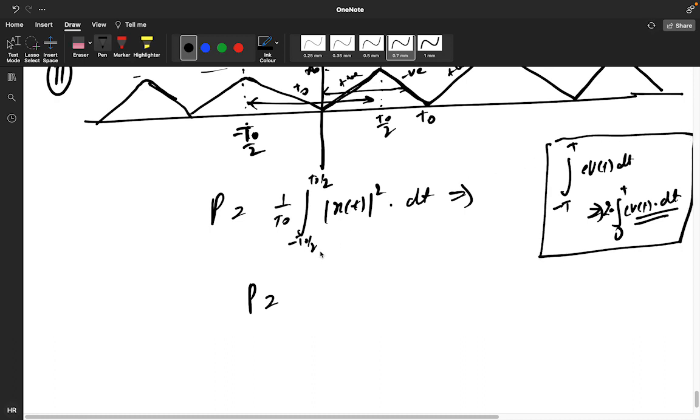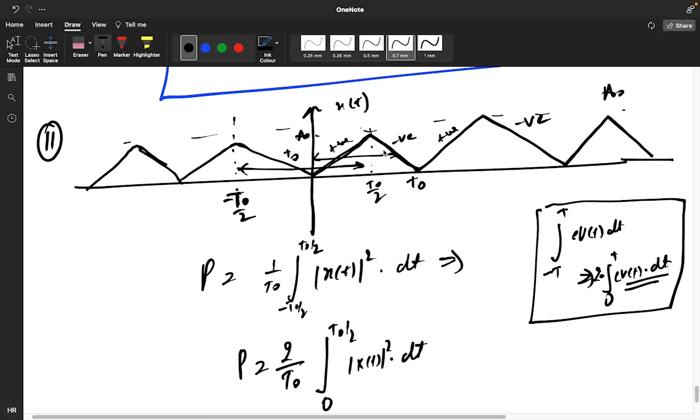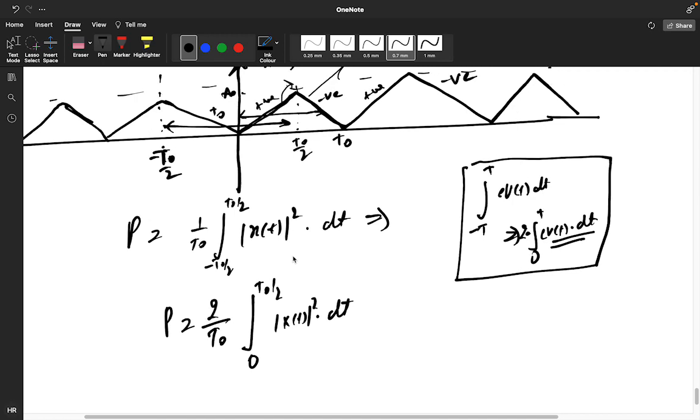This is an even signal, so I can write 2 by t naught, 0 to t naught by 2, x of t the whole square into dt. Why did I do so? Because I don't want to solve for both parts. I have to find the equation of only one line, that's better. That's why I did it like this.